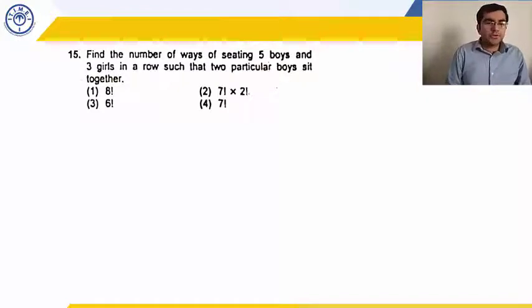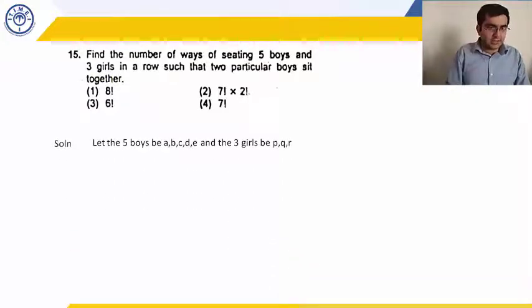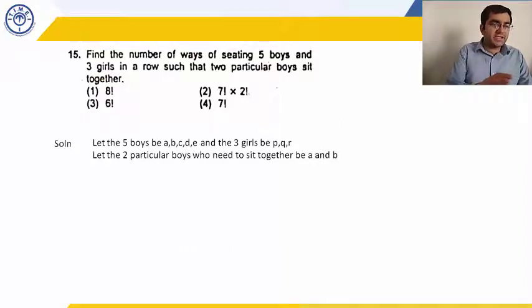Okay. So this is similar to the previous question with a slight difference. See, let's say there are these 5 boys, A, B, C, D, E. Now you want 2 of them, whichever 2 there are, they need to sit together. So let's create one unit or one group out of these 2 boys. Let's say that the 5 boys are A, B, C, D, E and the 3 girls are P, Q, R. Now let the 2 particular boys who need to sit together be A and B. Okay, they have to sit together.